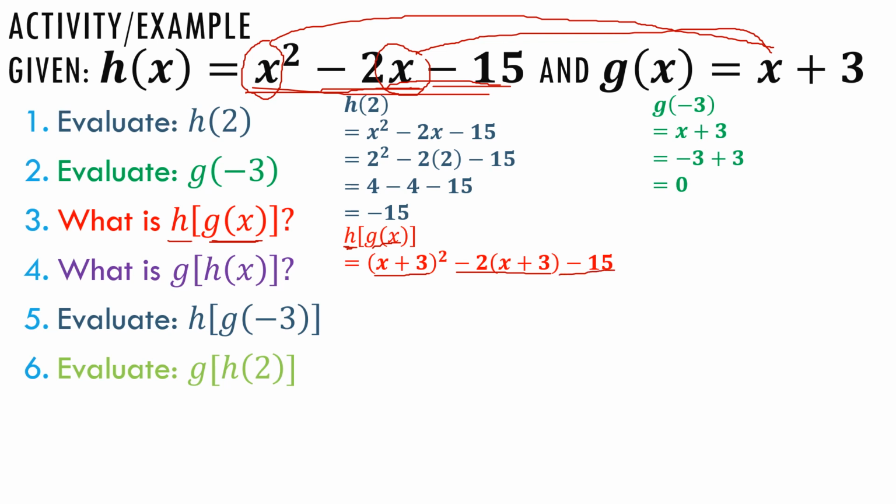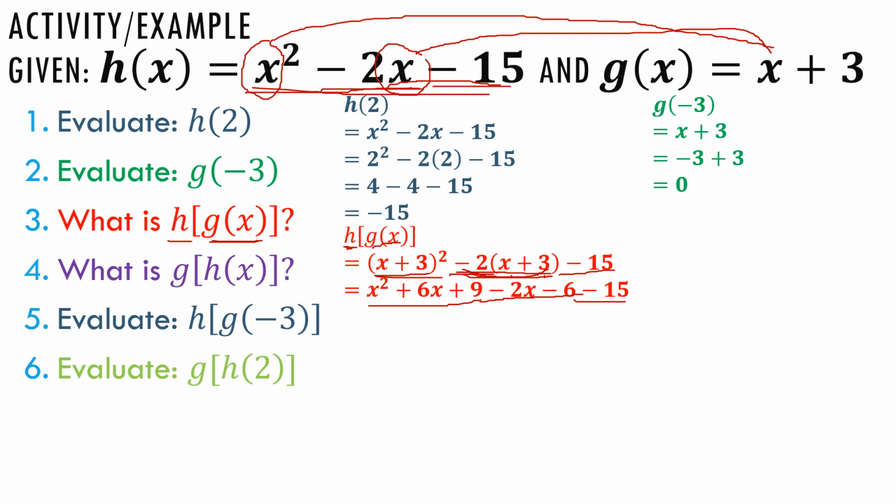Let's expand to solve. Quantity x plus 3 squared, so the answer is x squared plus 6x plus 9. Then, let's multiply this, magiging negative 2 times x, so minus 2x, negative 2 times 3, so minus 6. Then copy ang minus 15.